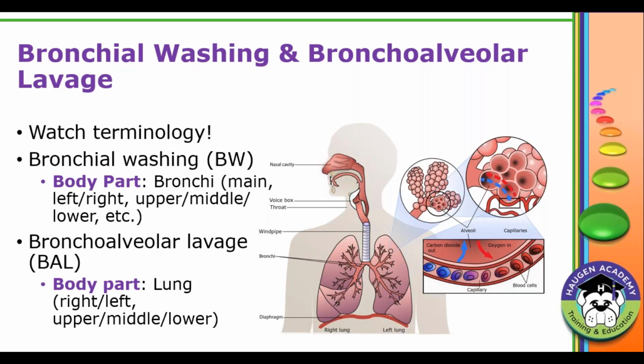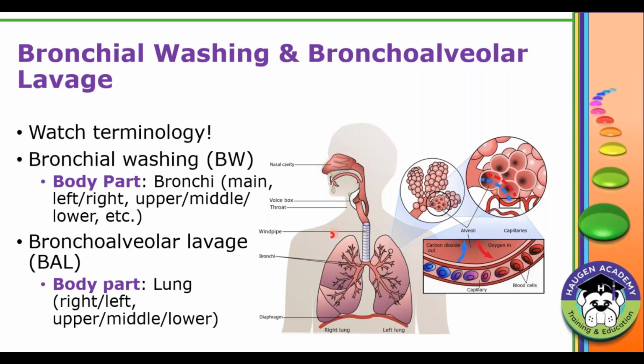So bronchial washing, your body part is going to be the bronchi, and then, you know, whether it be the main left or right, or the upper, middle, lower, etc. A bronchoalveolar lavage, or BAL, is really sampling liquids, or secretions, from the inside of the alveoli. And the alveoli are, like I said earlier, part of the lung.